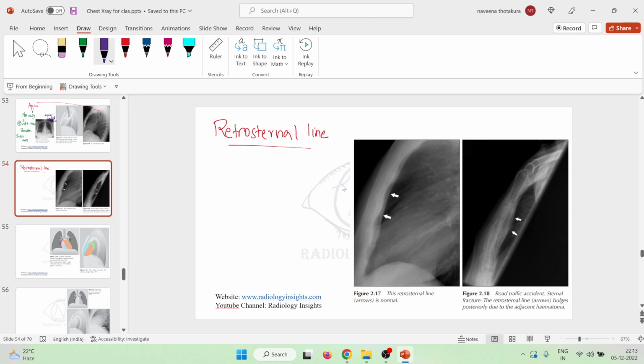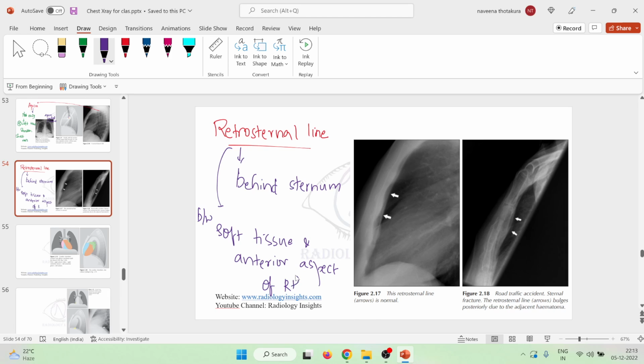This line is present behind the sternum, between the soft tissues and the anterior aspect of the right lung. So this is the retrosternal line, which is seen normally.